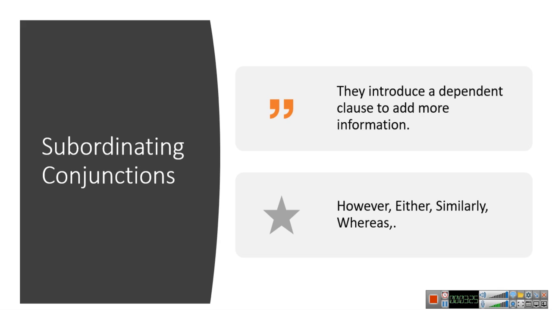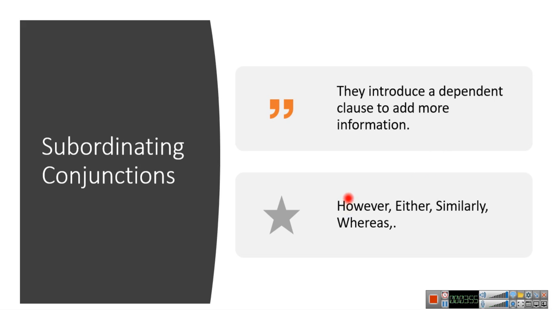However, when we talk about transitional phrases, we want to make a transition from something we say to something we also need to say. So for that, we talk about subordinating conjunctions. And subordinating conjunctions, what they do is that they introduce a dependent clause to add more information. A dependent clause most often is a clause that doesn't have a subject.